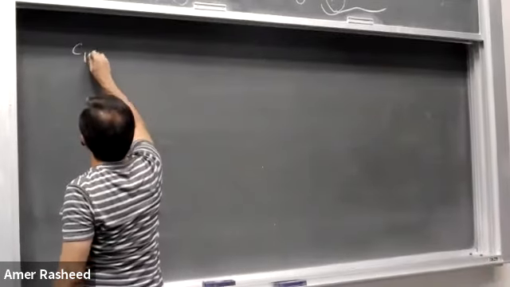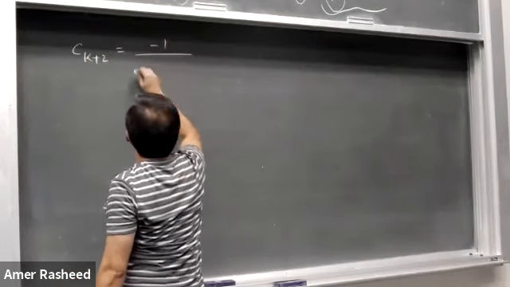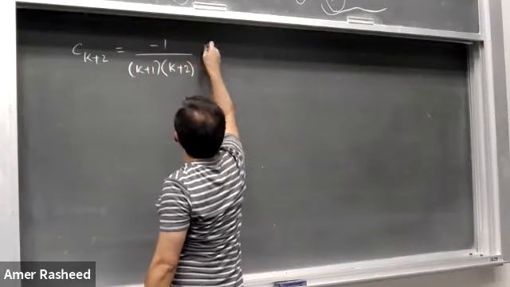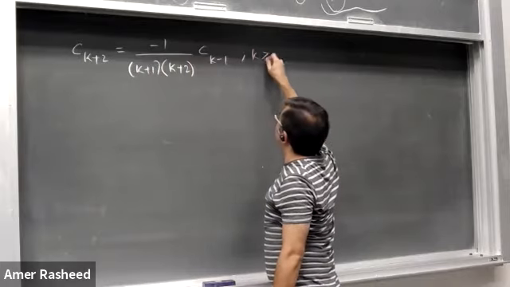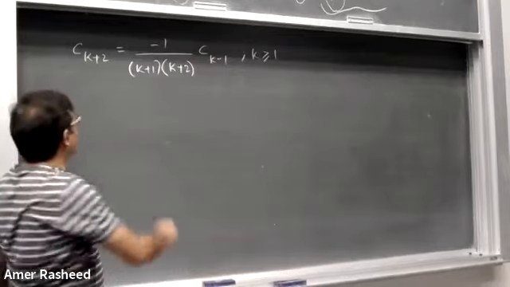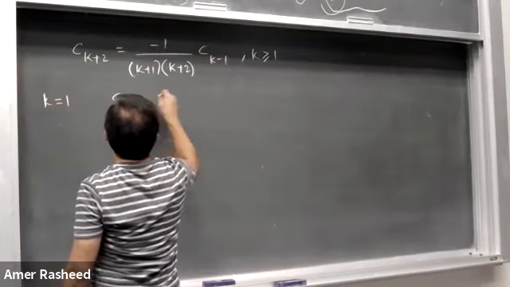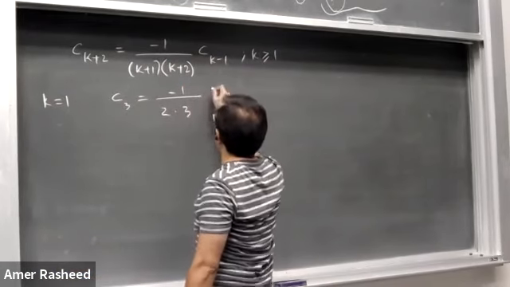This recursive relation: C(k+2) is equal to -1 over (k+1)(k+2) times C(k-1), where k is greater than or equal to 1. Now we put k equal to 1. For k equal to 1, what do we get? C3 is equal to -1 over 2 times 3, C0.